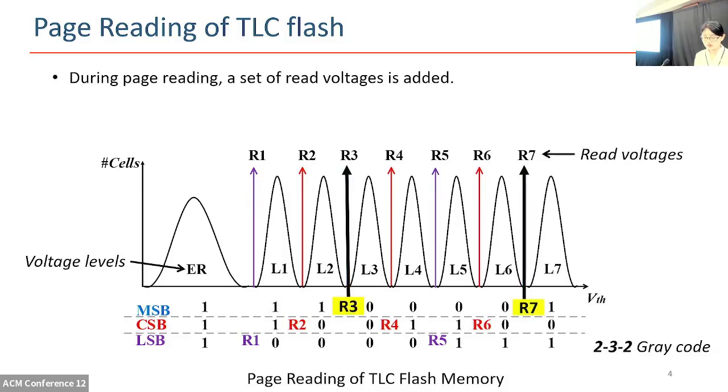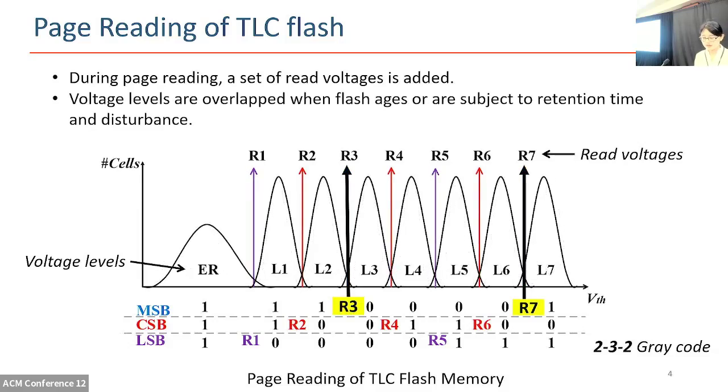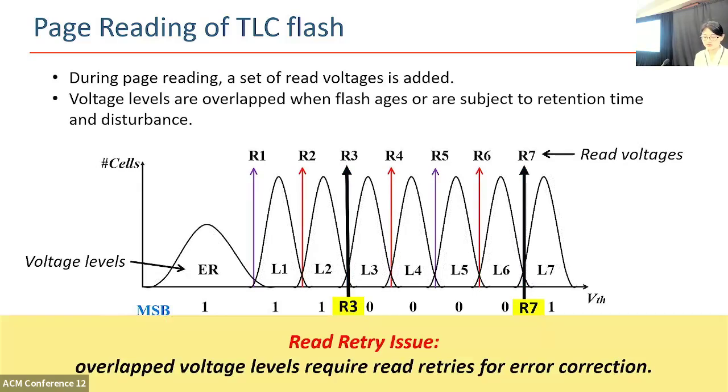If we want to read the MSB page, we just add a set of the read voltages R3 and R7 based on the gray code. However, the adjacent voltage levels overlap when flash ages or is subject to retention time and disturbance. So the overlapped voltage levels increase errors and require multiple retries for a page reading.